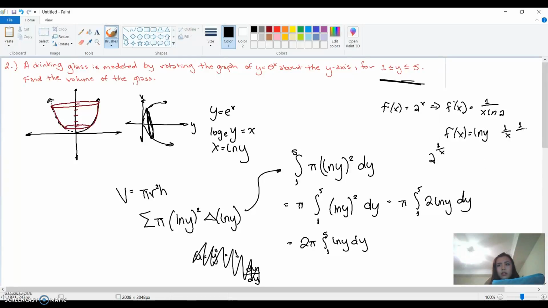So 1 over x must equal 1, and a to the 1 over x must also equal 1, so a to the 1 over x must equal 0. Well, that's not possible. You can't have x equal 0. So I don't know how to integrate this.